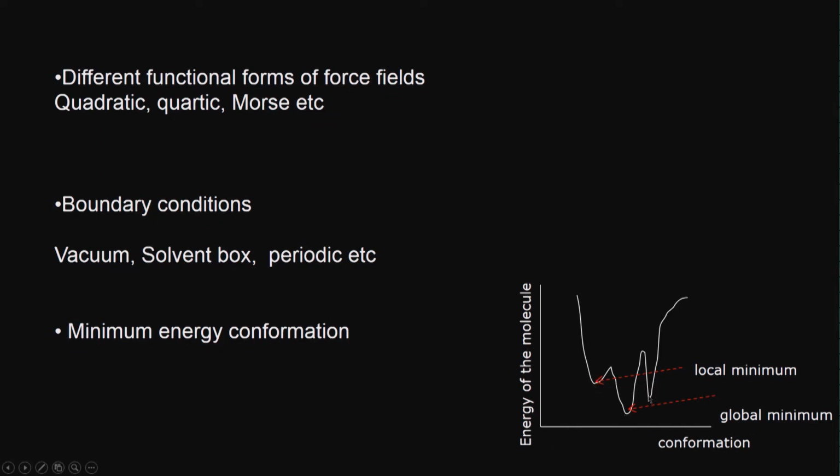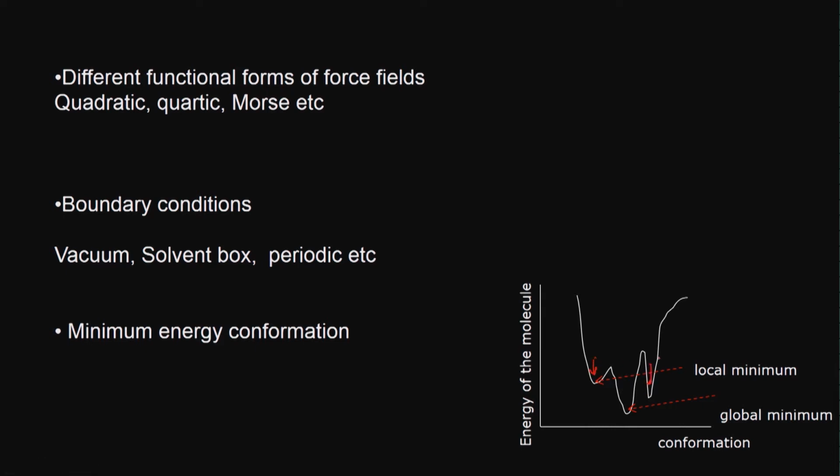Of course you may have local conformations also. If you start with some conformation and keep changing the conformation, calculate energies, you may come here and you may think this is the minimum energy, but that's not very true, that's a local minimum.